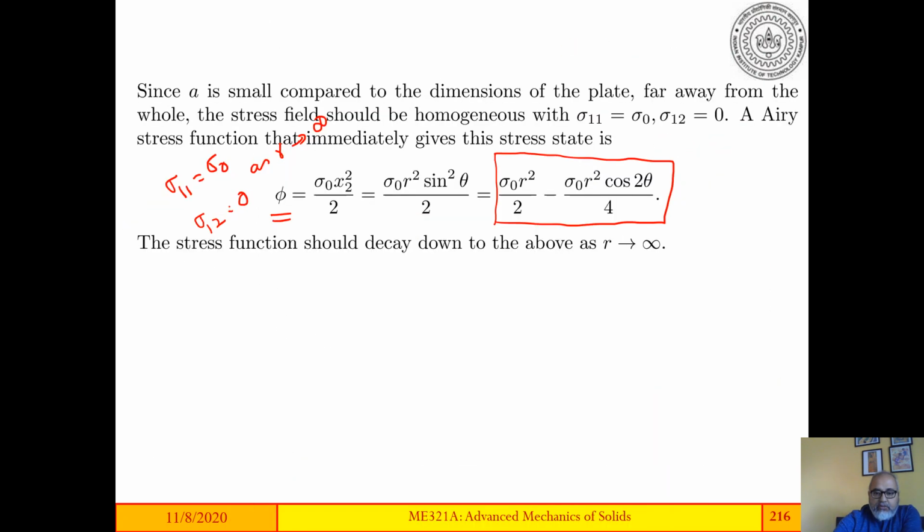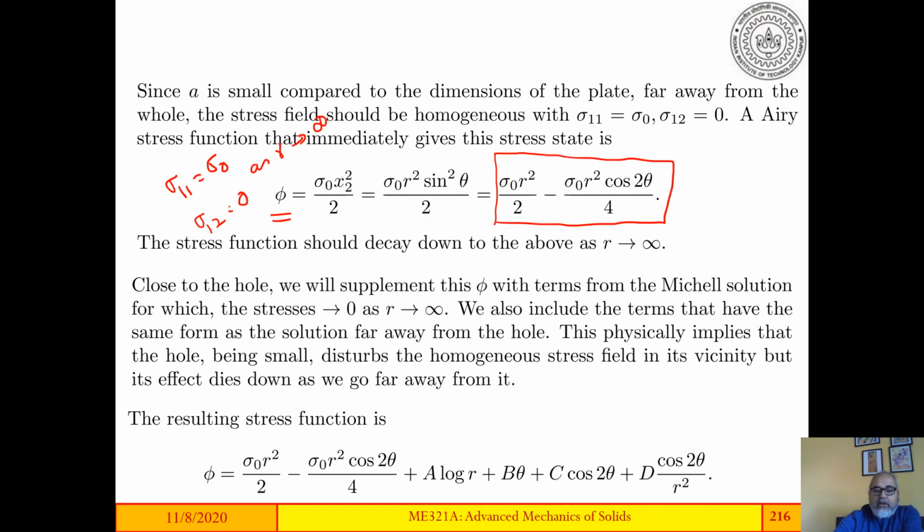With those terms added, this is your resultant Airy stress function. These constants are unknown. This is the term that gives you the stress state as r tends to infinity, and these are terms that give you stresses that are active close to the void and inactive as you go far away from it.